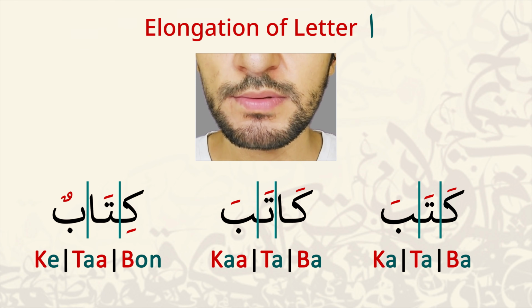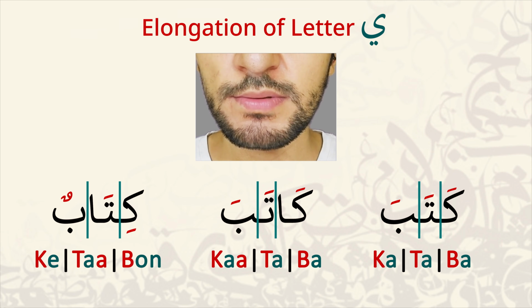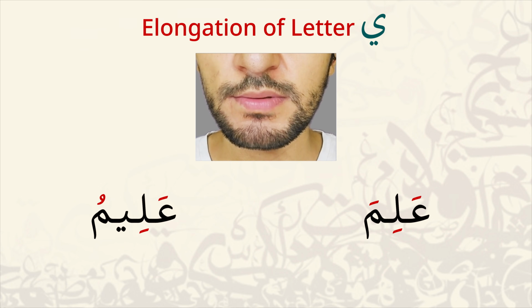Okay, let's now see some examples of elongation with letter ya. Elongation with ya happens when a consonant ya comes after a kasra label, regardless of the letter before ya that's labeled with kasra. Look at these 2 words. The first one has 3 vowels, so obviously they're making 3 syllables.